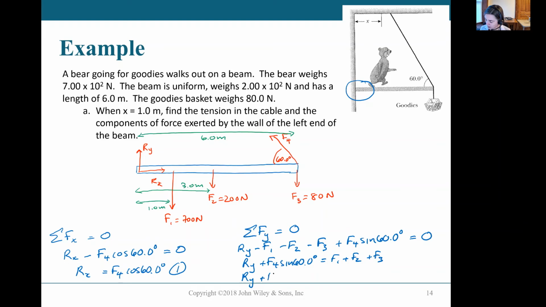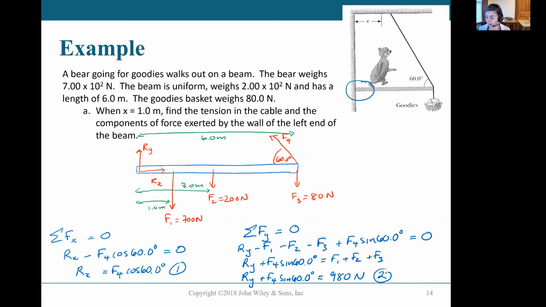That works out to 980 newtons: 700 plus 200 plus 80. So that gives us another equation. Again, we didn't get any answers from this, we're just getting relationships. It's important not to get frustrated, and to realize that's the way these problems go.